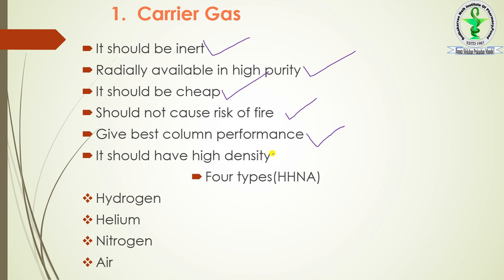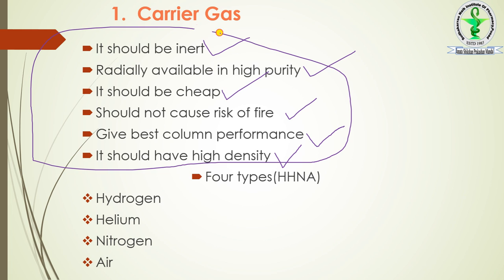And it should have a higher density. इनकी डेंसिटी क्या होनी चाहिए? They must be required dense ones, so higher density we require. Okay, so this is all about the requirements: inert, purity, cheap, no risk of fire, best column performance, and higher density. These are the requirements of carrier gas.